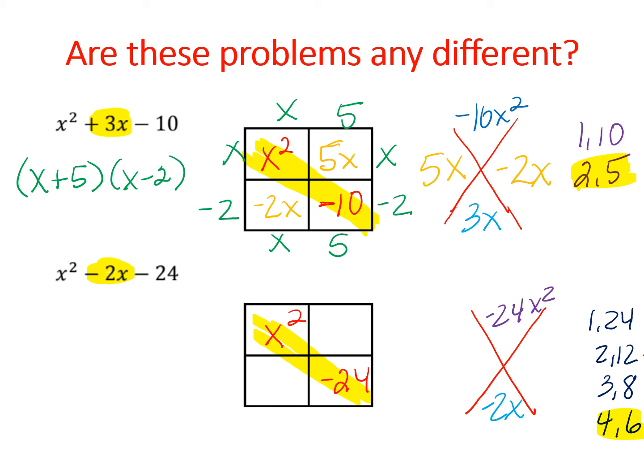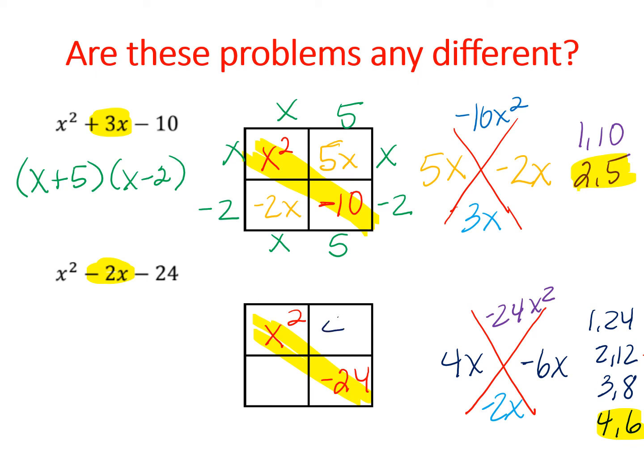So to get a negative 2, I could take a 4x and a negative 6x. Because if I multiply 4x times negative 6x, that will give me negative 24x squared. And then if I combine them, aka add them, 4x and a negative 6x gives me negative 2x.